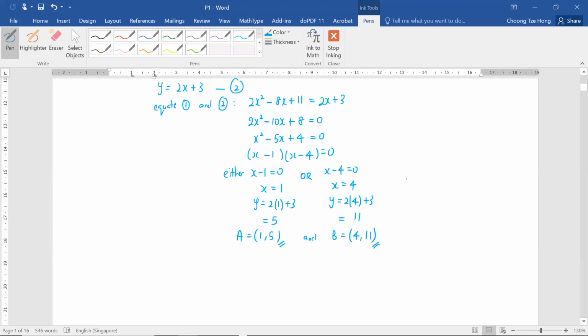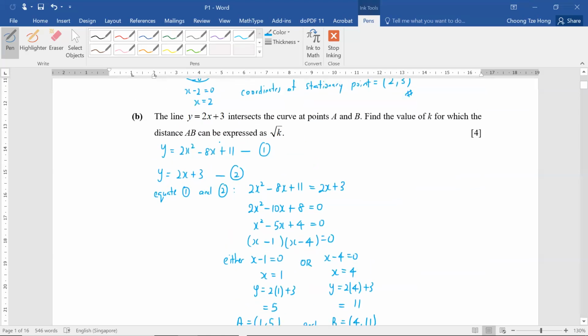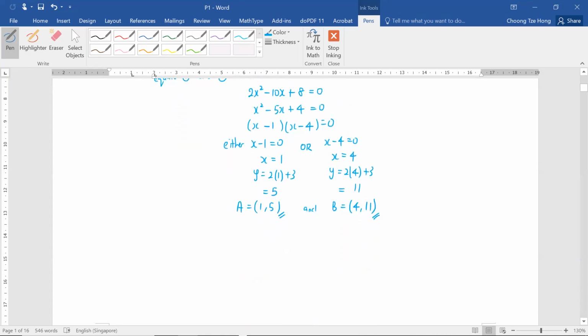Now we need to find the distance between the 2 points, and then we should be able to express it in the form of square root k. Then we can determine the value of k. So the distance AB. If you recall the formula for the distance between 2 points, we can use square root of (x2 minus x1) square plus (y2 minus y1) square.